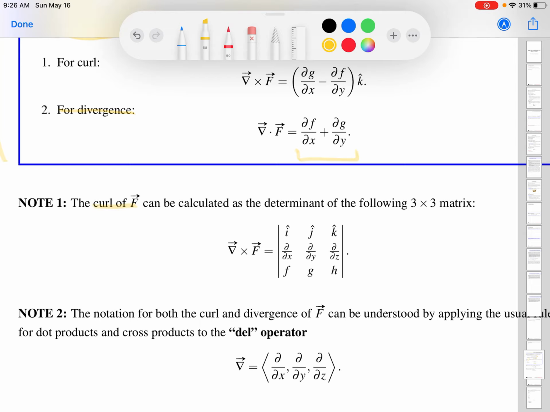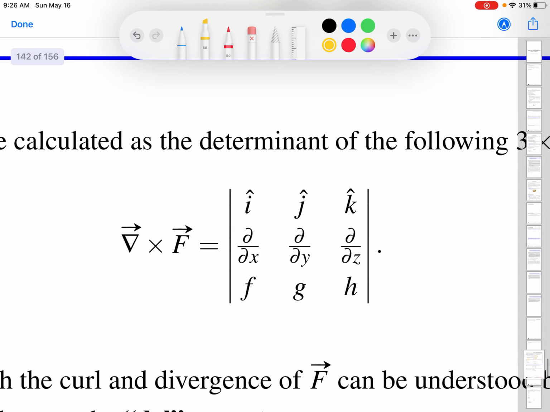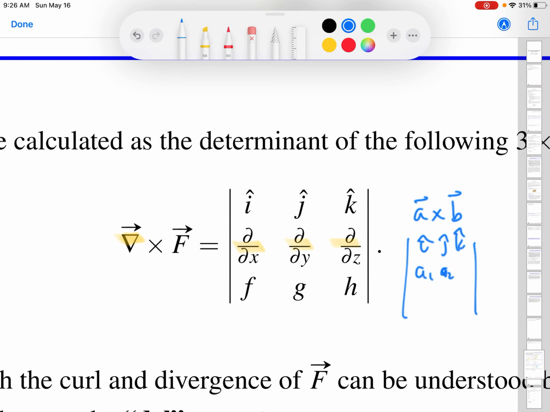Great, so let me then mention what I had alluded to earlier. The curl of f can be calculated as a determinant of this matrix. What am I doing here? This might seem a little strange, but we're taking the del operator, pretending that it's a vector, and we're putting its components here, just like we would if we were calculating the cross product of, say, A cross B. We would take the components of A, A1, A2, A3, and put them in this first row.